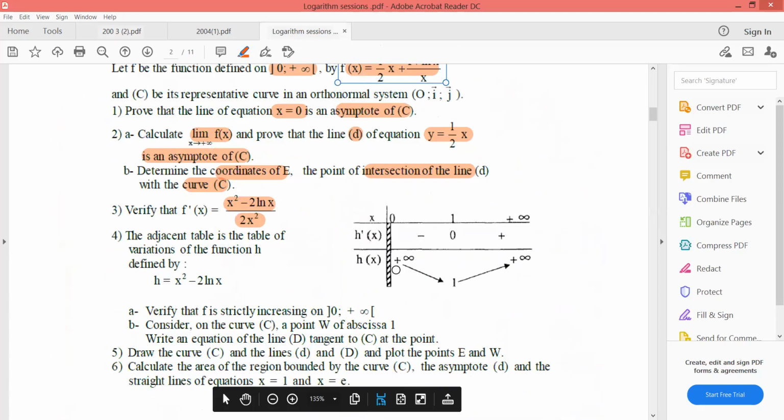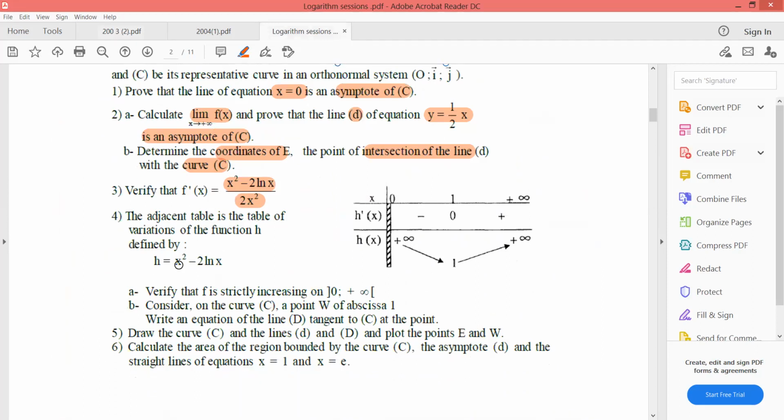The adjacent table is the variation of h equal x squared minus 2 ln x. How to verify that f is strictly increasing?